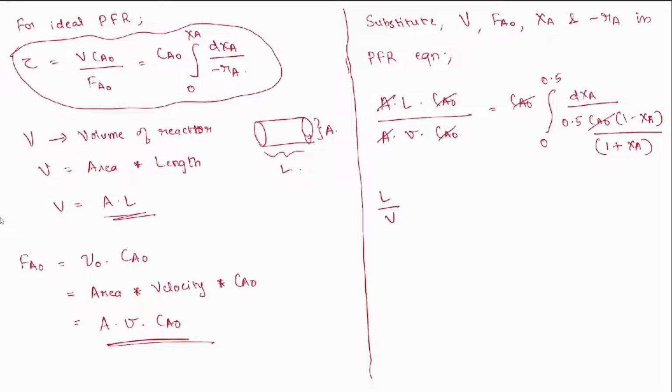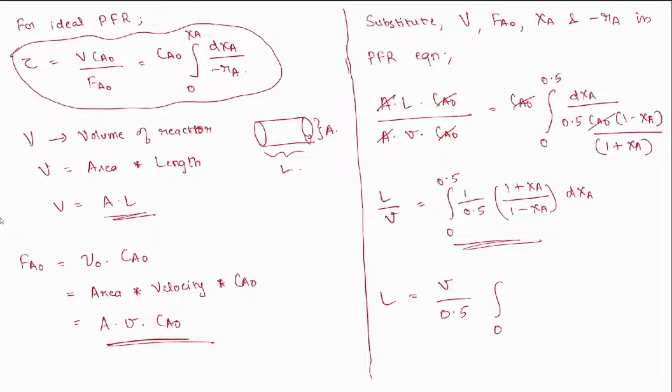Then we'll get L by v is equal to the integral from 0 to 0.5 of 1 by 0.5 into 1 plus XA by 1 minus XA into dXA. Now just rearrange this and solve for this integral. So we just take the v to the right hand side and take out the constant 1 by 0.5 outside, and we'll get the equation like this. Now all we have to do is substitute the value for velocity v and just do this integral and apply the limits, and we'll find the final answer L.